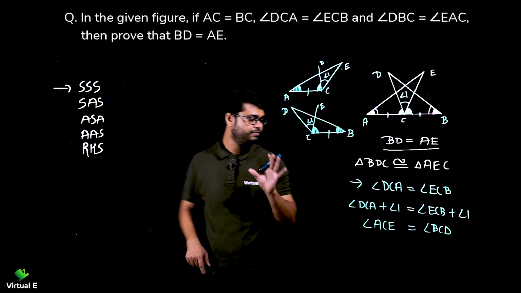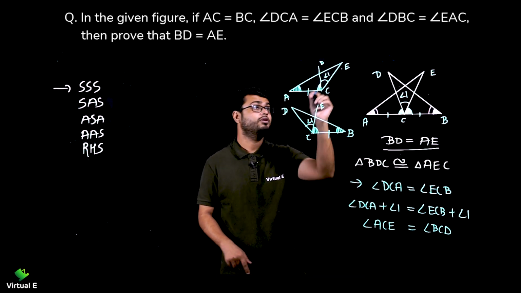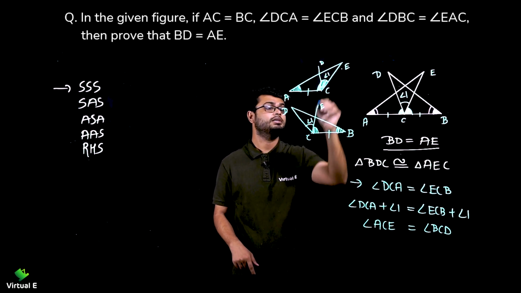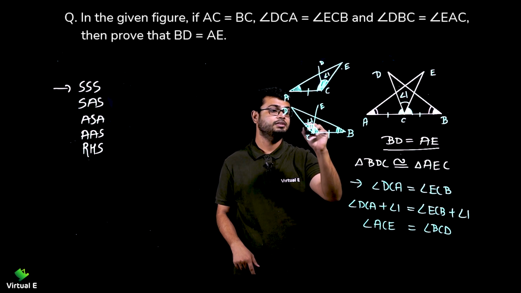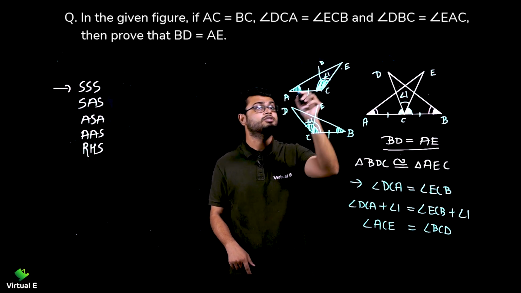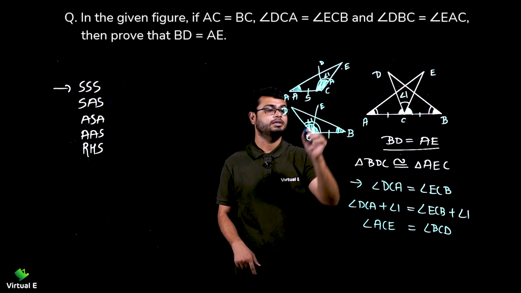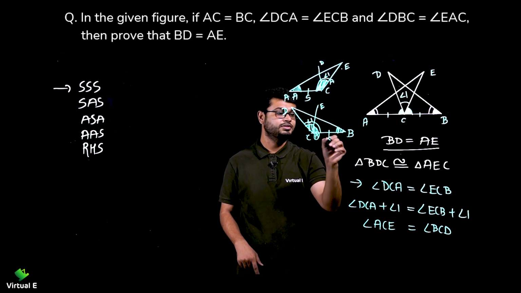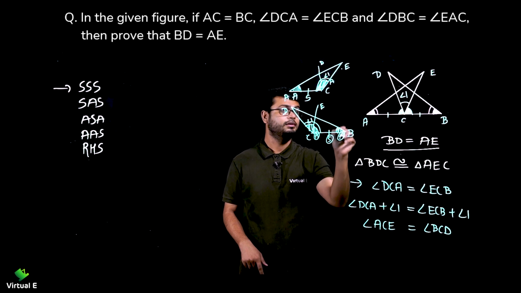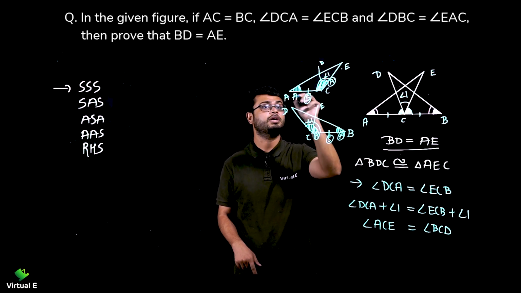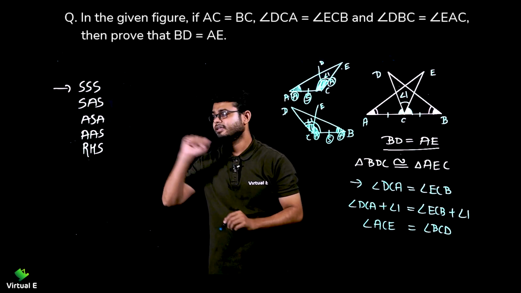So we have one angle equal now. If you observe, this complete angle is there, and this complete angle is there. So this is angle, then side and angle. Here also angle, side and angle. So we are going to use ASA as a criterion.